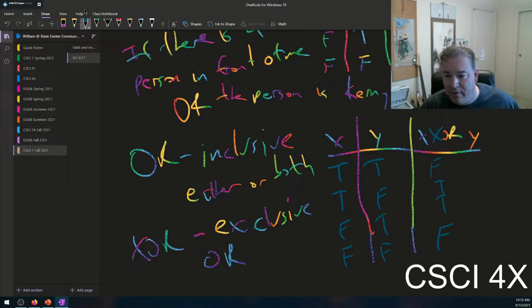The output's true. But if, however, I write XOR, and I'll write it like this, and there's different ways of writing it in logic, which annoys me. You can also use the caret symbol, which looks like exponentiation to most people, is also XOR. So if it's XOR, then it means one or the other, but not both, to be true.